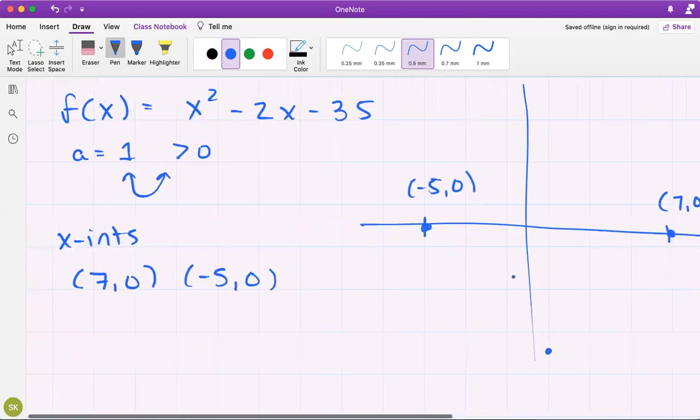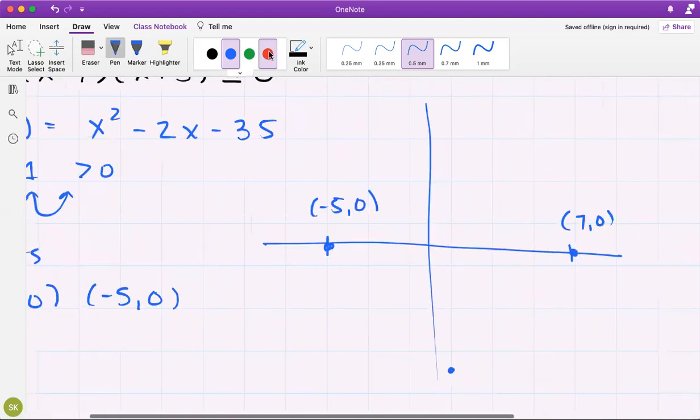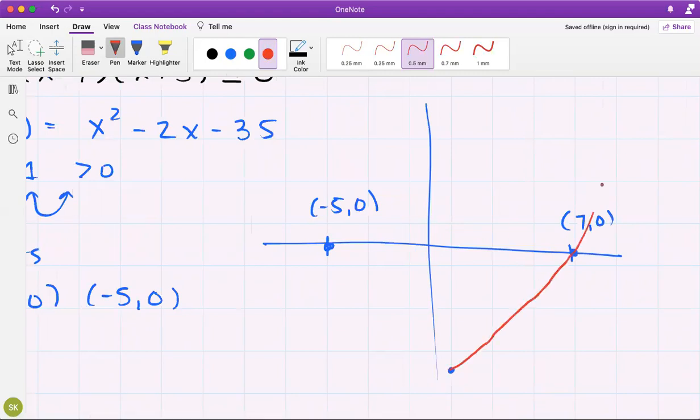The vertex is going to be below these 2 points. The reason for that is because of the a value. It is positive, which means we're going to have a minimum. And then we're going to just sketch a graph. It doesn't have to be perfect. You just want an idea of what the graph looks like.